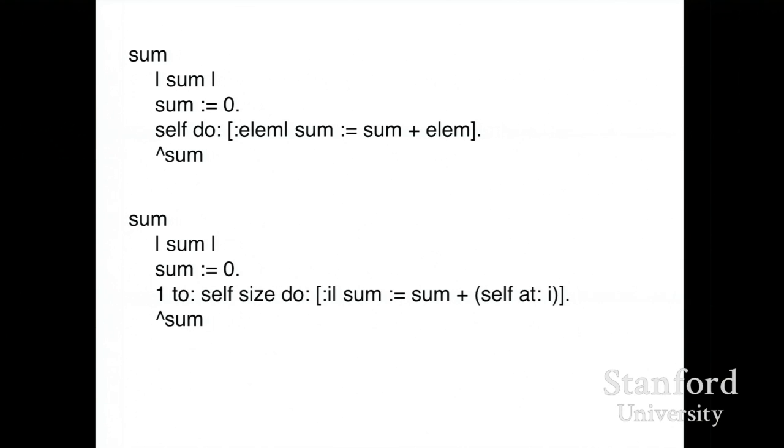We don't know how self-size is implemented, but we're assuming that we've got a to-do method which takes the integers and which will sum by using an indexing operator at, again a dynamically bound send, which is going to find the element associated with at. And it's really nice that I could just sit there and add that. But that's a real problem for the execution system. The execution system is dealing with dynamically bound sends all the way through its execution.